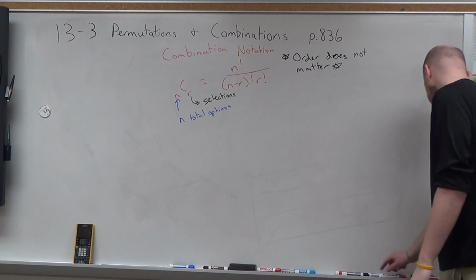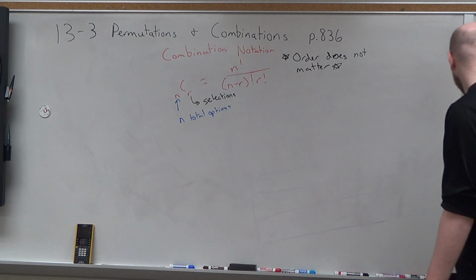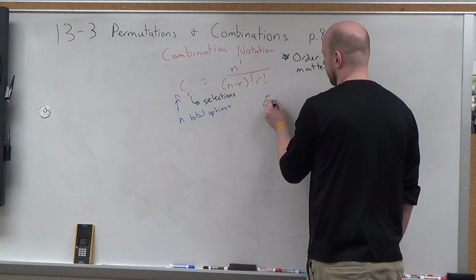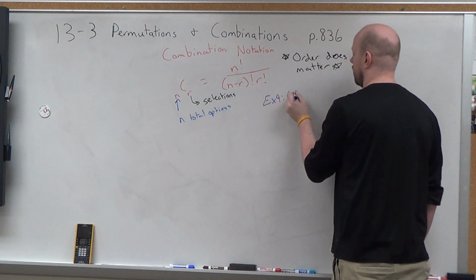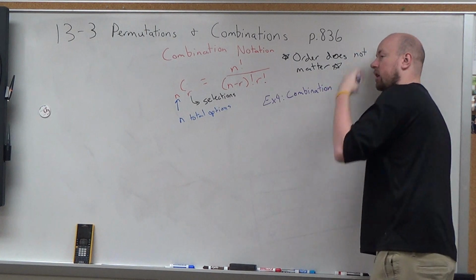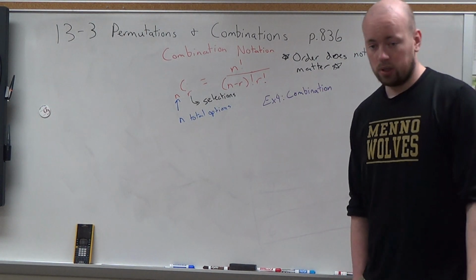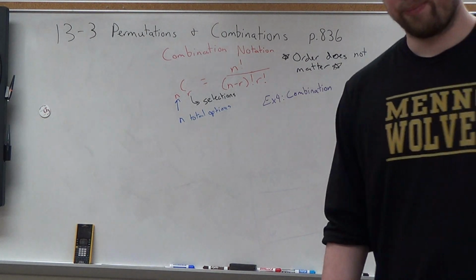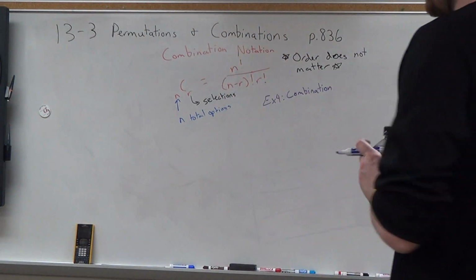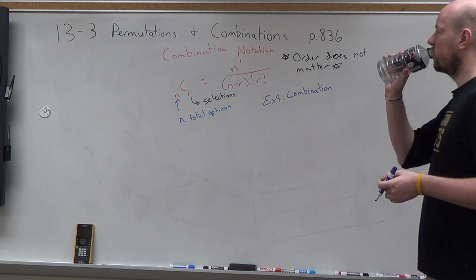Okay. So let's do an example. So example 4, combination. Let's say you're all college kids now, and you have to take some electives over the summer, just to help round out your degree. Now again, electives can be taken in any which order, so they have no influence over one another.